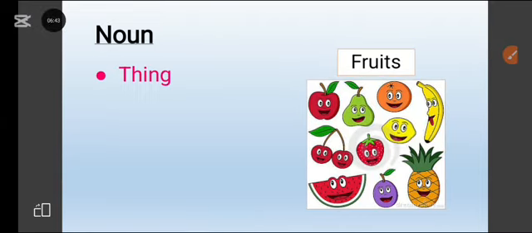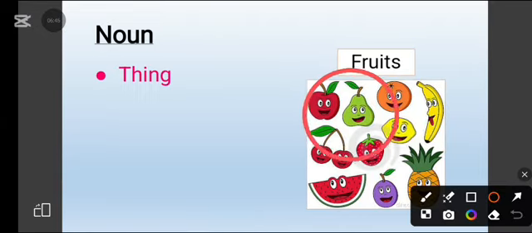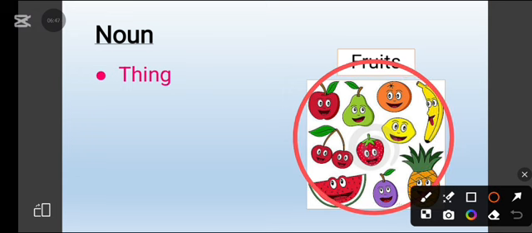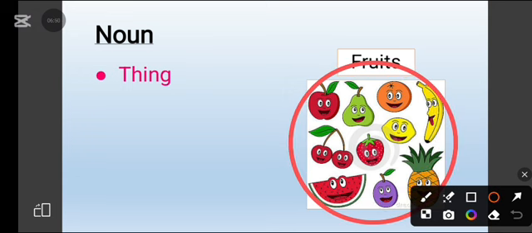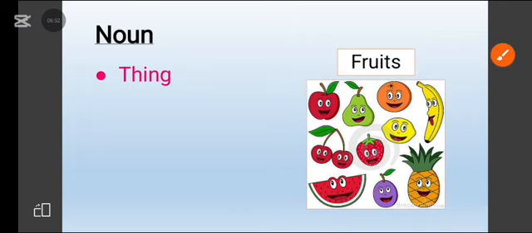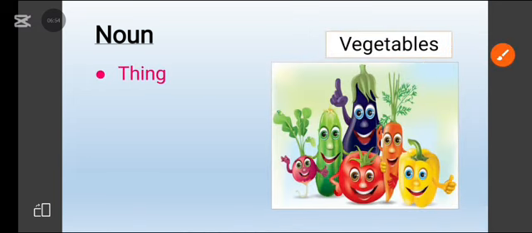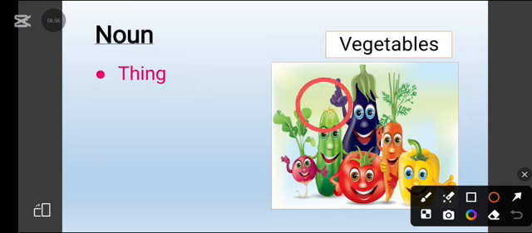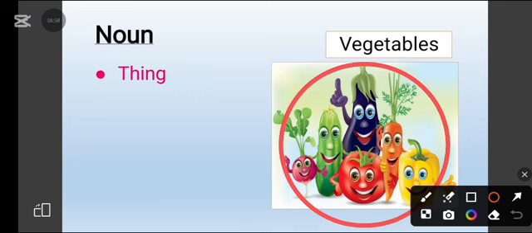Now we will talk about fruits. Fruits are also included in things, and noun could also be name of a thing. So fruits are things. Next, the last one picture is of vegetables. Here you can see different vegetables. Vegetables are also included in things, and noun could also be name of a thing.